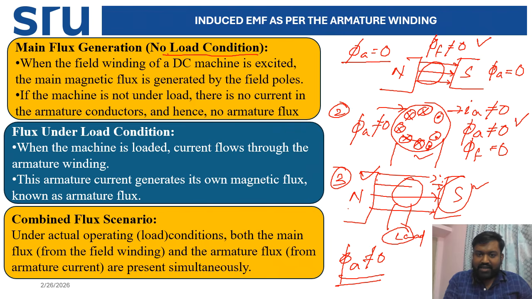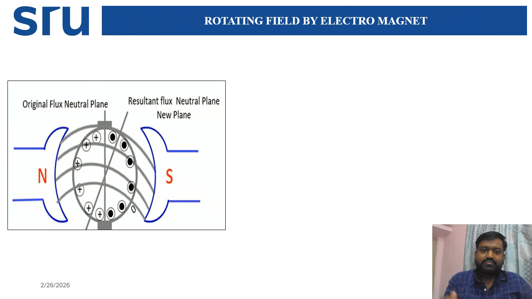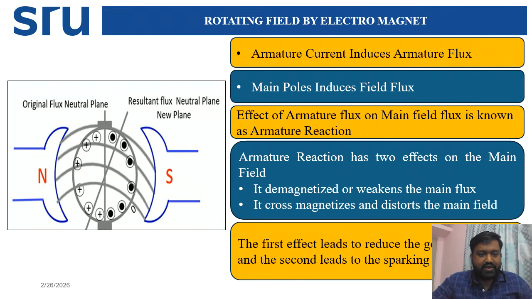Then we will go to the next slide for better understanding. Now just see the figure. This is the north pole and this is the south pole. We can say that the north pole and the south pole are the field winding part.